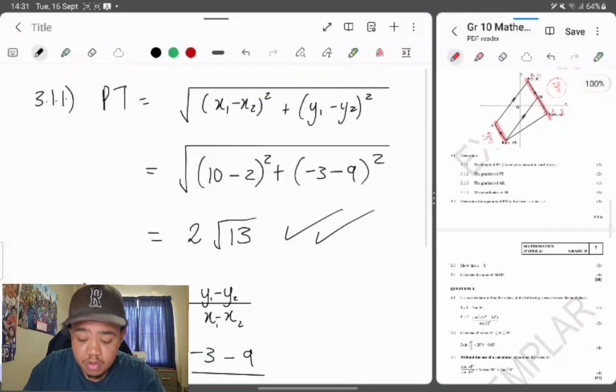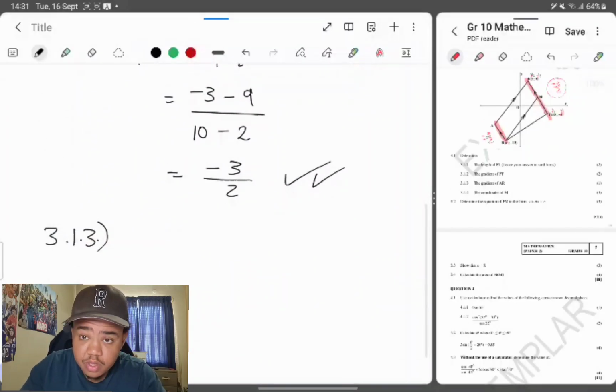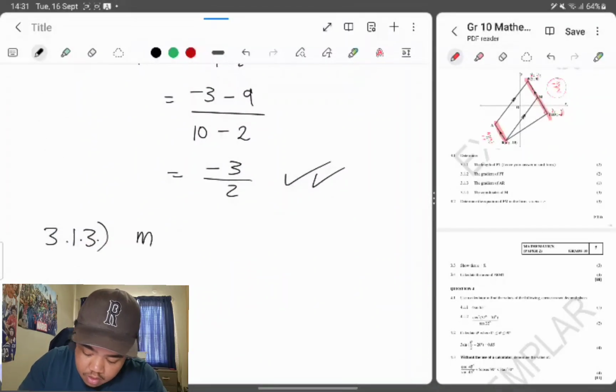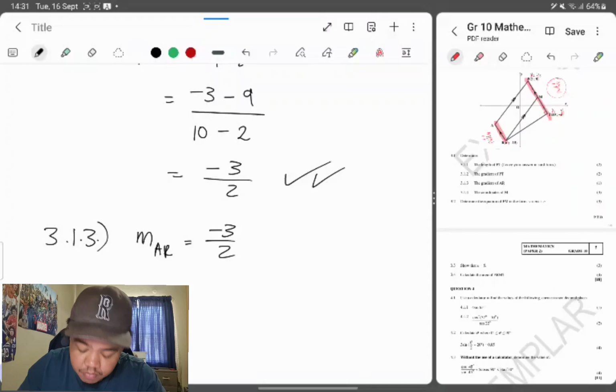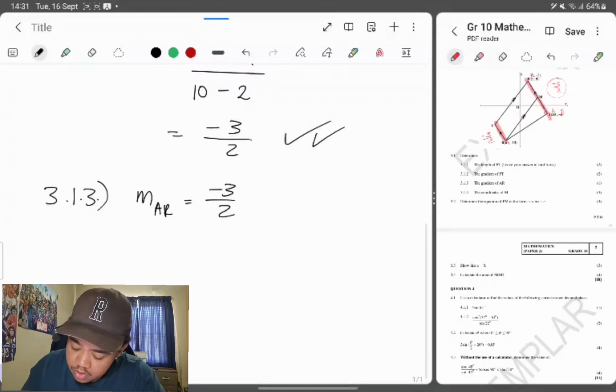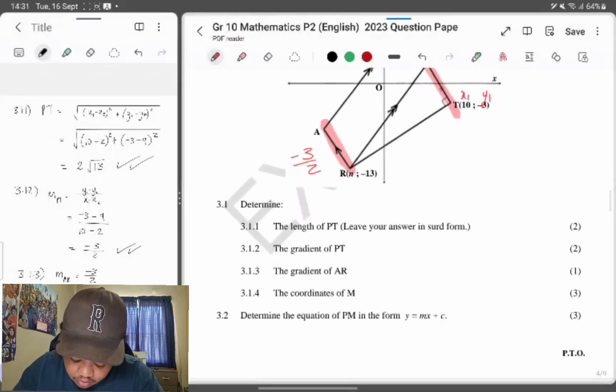And that's why it's only 1 mark. Because you don't have to do any calculations, you need to know your theory. So the gradient of AR will equal negative 3 over 2. Okay, perfect. So we are continuing to our next question.